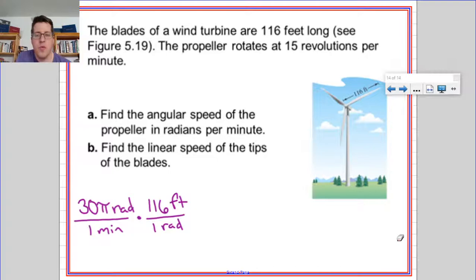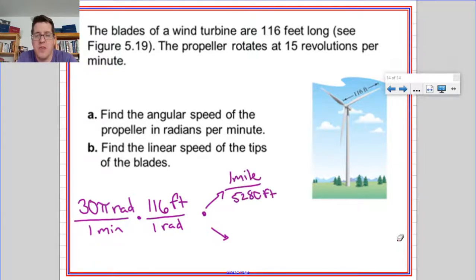So in this case, I'm going to multiply by 116 feet per every radian. Now, there are 2 different directions that I could go here. I'm going to start by going to miles per hour, and then I will also go to feet per second. Whichever one you choose to do depends on the context of your situation.